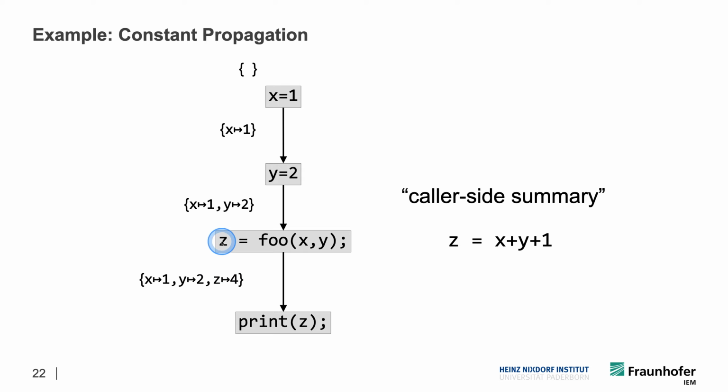But we also know that z should be getting the value 4, because we need to add 1 and 2 together plus 1, which gives the value 4, which is exactly what we have here. So this is one example to show you how such a summary computation would actually work.